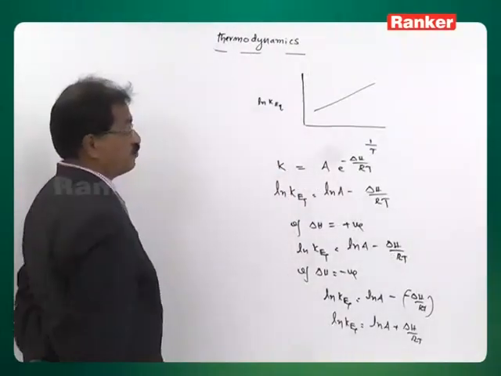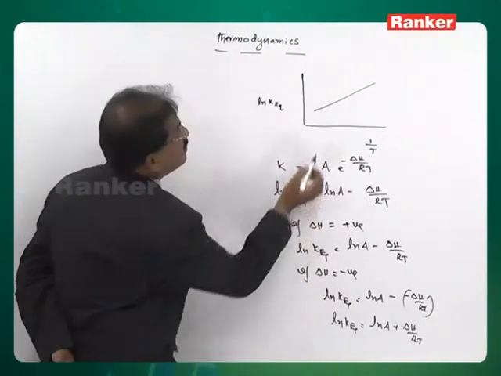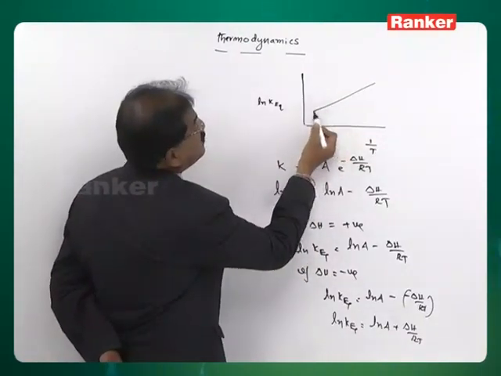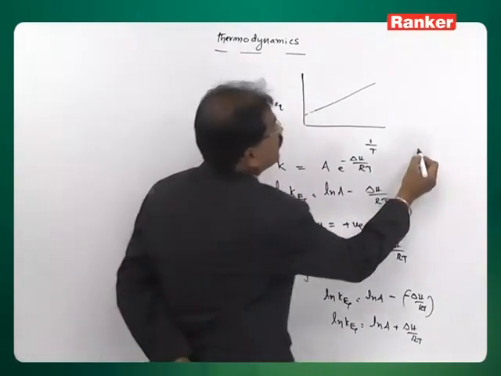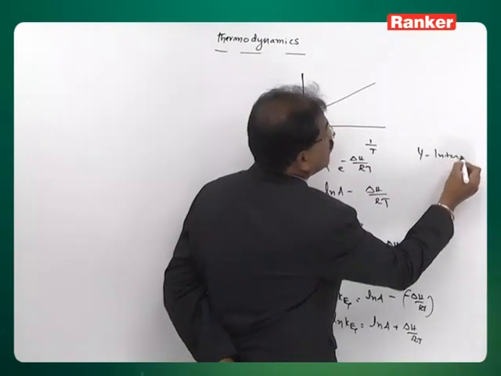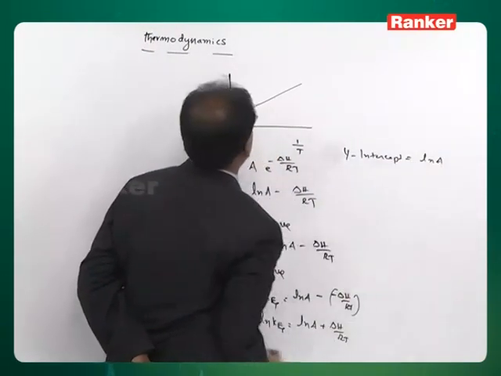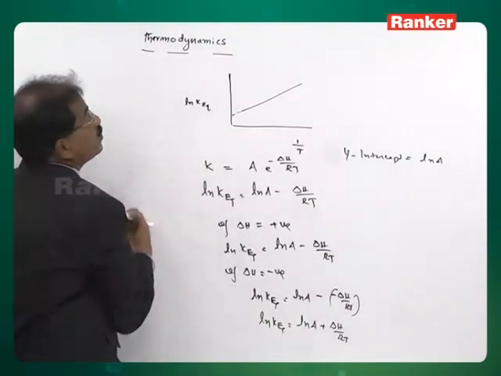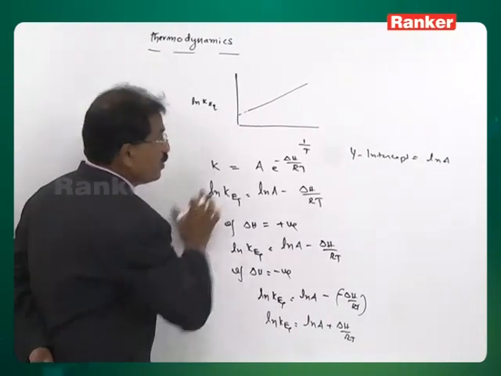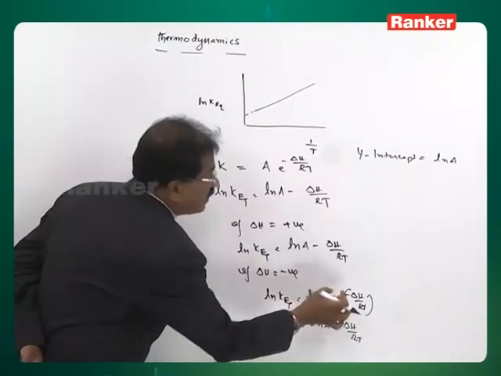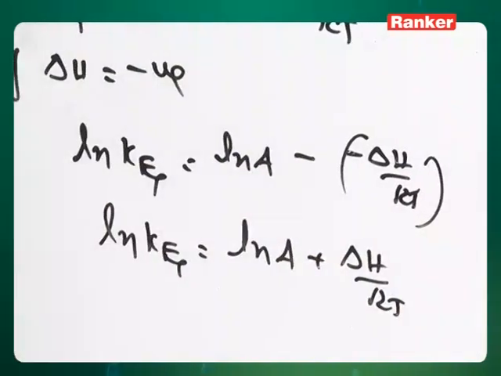This is the expression. Next, now according to this shape of the curve, see the exact shape of the curve, if you extrapolate to intercept the y-axis, here the y-intercept is equal to ln A. Here y-intercept is positive, next the slope is also positive. So, when the slope becomes positive, if the del H is negative, then the entire expression will become plus del H upon RT.